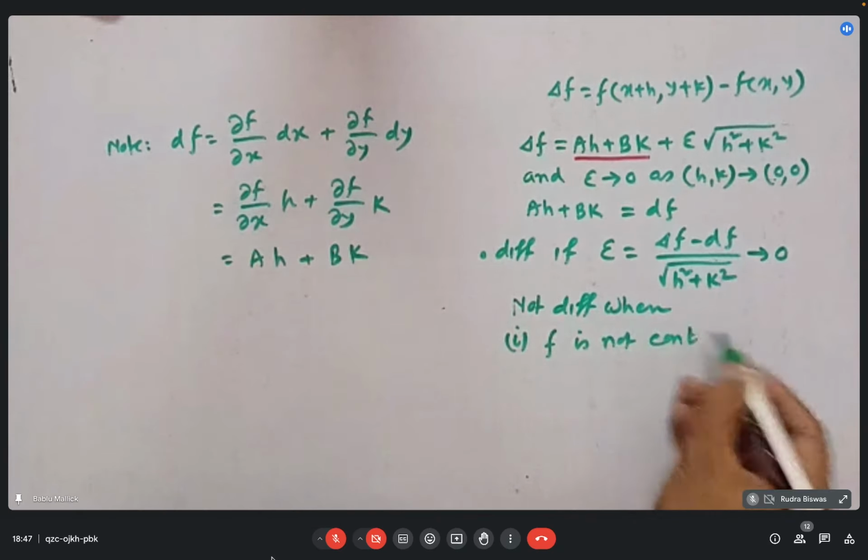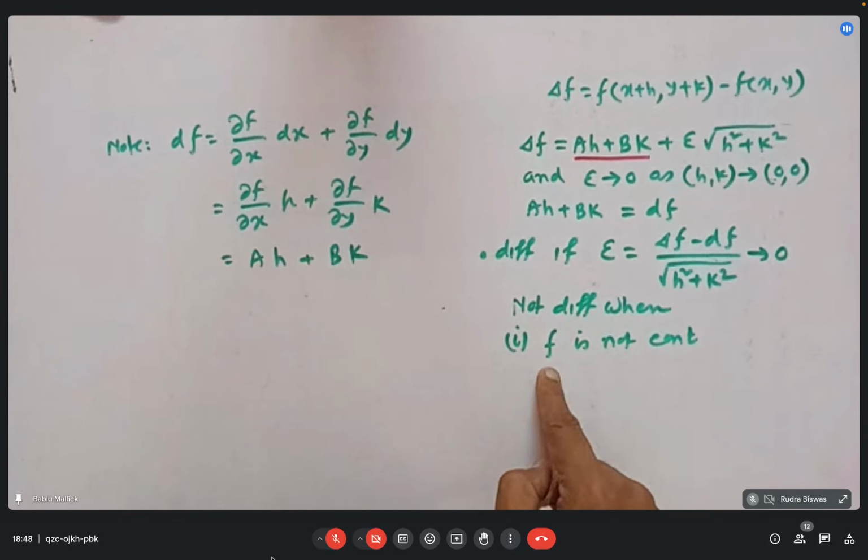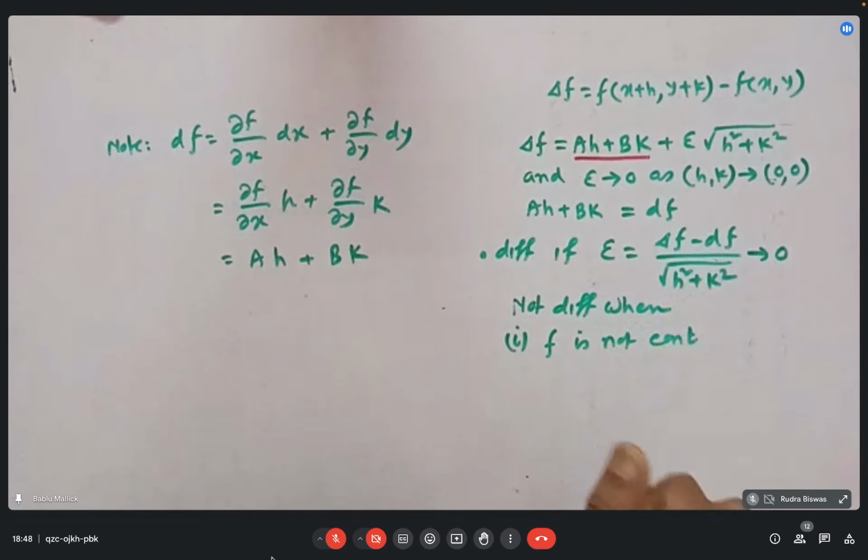Last class we did continuity. If f is not continuous, then it is not differentiable. We have done this from class 11-12. If a function is continuous, then it may or may not be differentiable. But if a function is not continuous, then it is guaranteed that it is not differentiable.